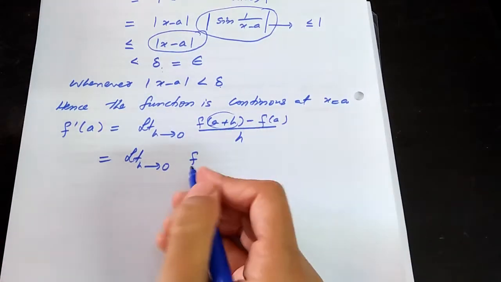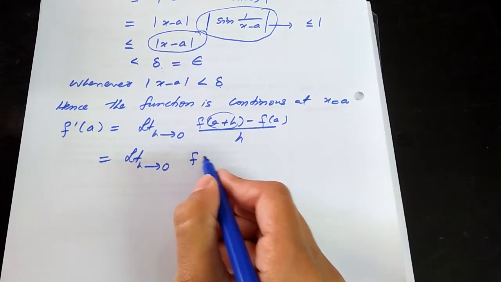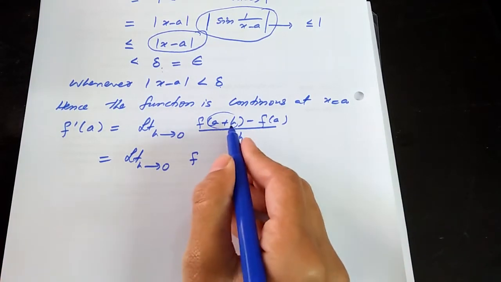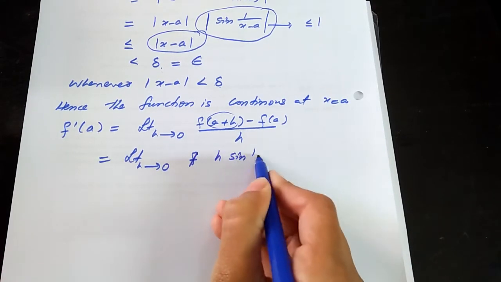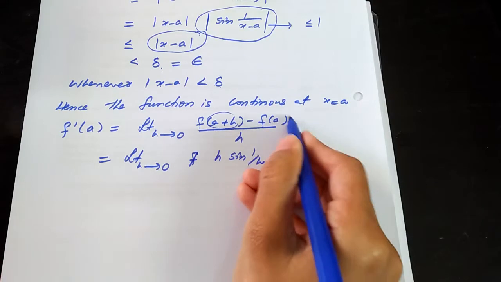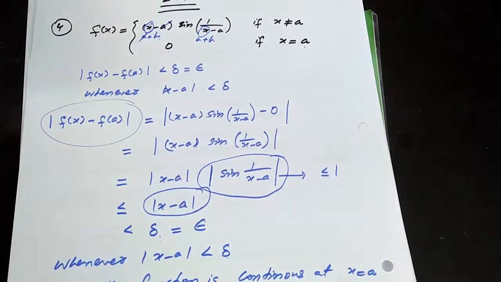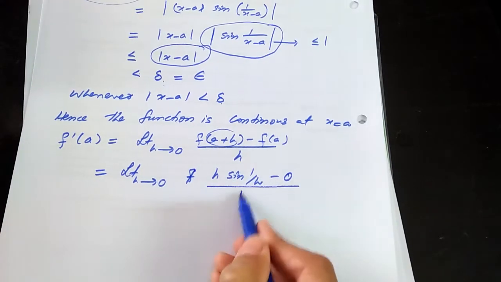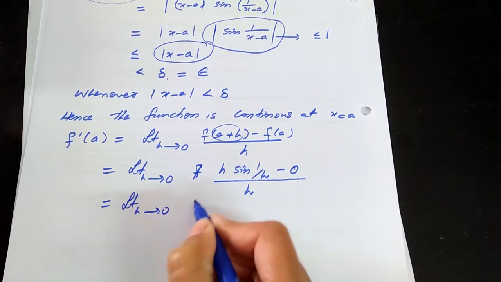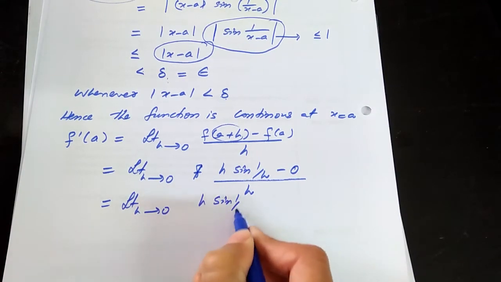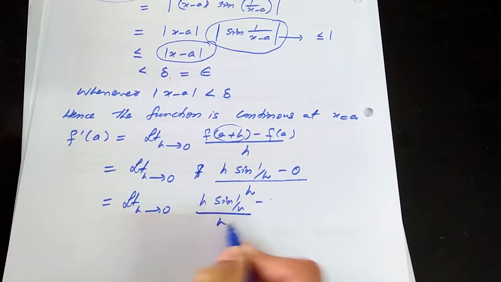So here you will get f of a plus h as h sine of 1 over h, minus f of a, which is 0, divided by h. So this becomes the limit as h approaches 0 of h sine 1 over h over h.